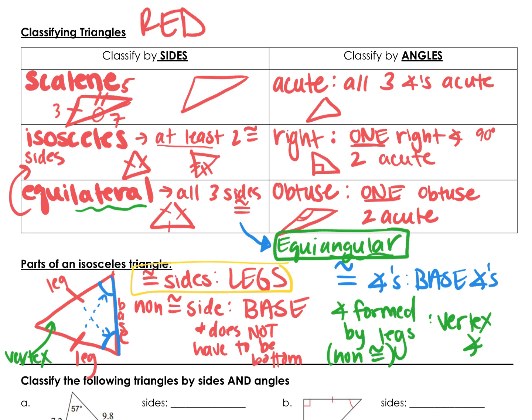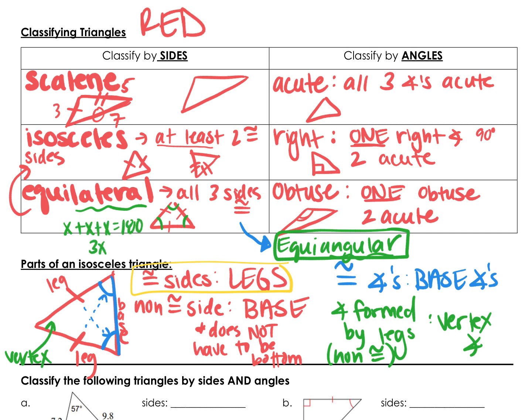If something's equilateral, then all its angles are also the same. So we don't usually say equiangular, but it is technically a way to describe a triangle. Usually we just say equilateral because it implies equiangular. And if all three of those angles are the same and they have to add to 180, they're each going to be 60 degrees. All three are the same.